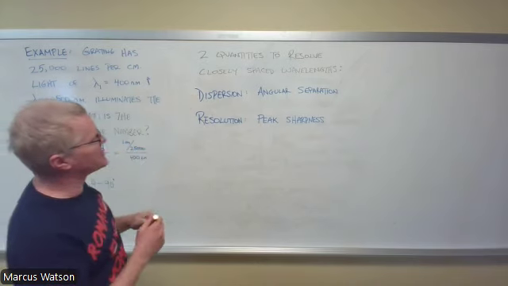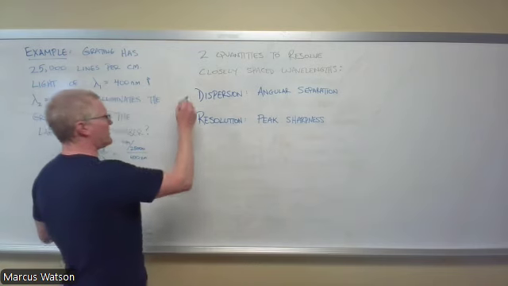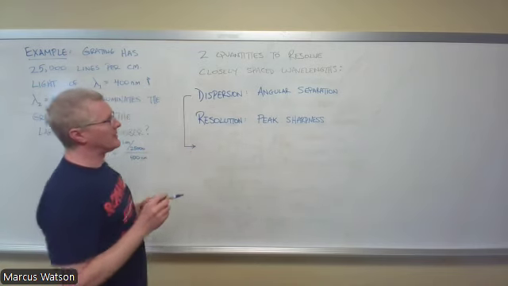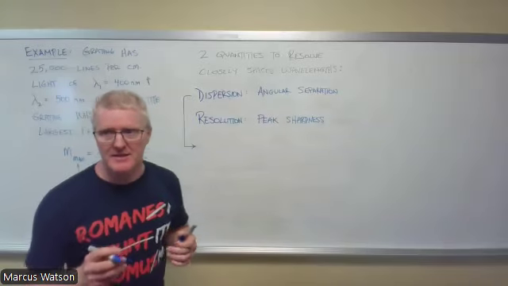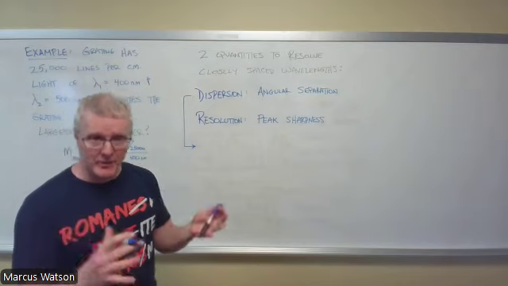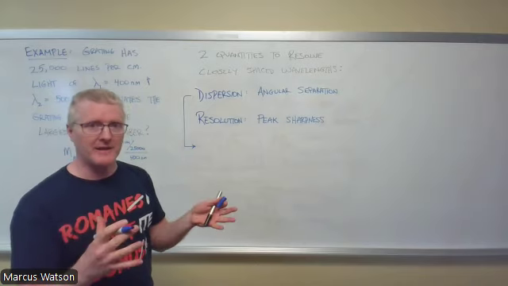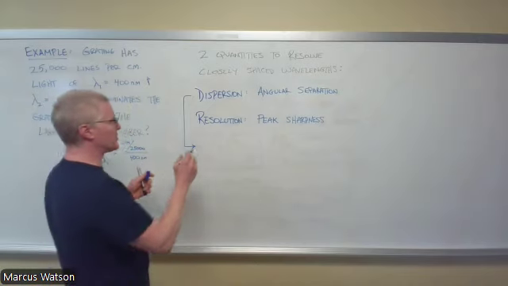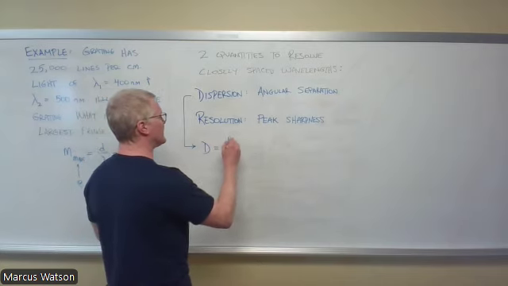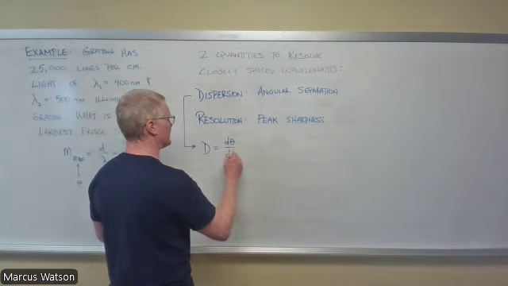So let's take a look at the dispersion. Dispersion is asking how does the angle vary with different wavelengths? Okay, so the dispersion is essentially asking the question, what is the quantity d theta d lambda?